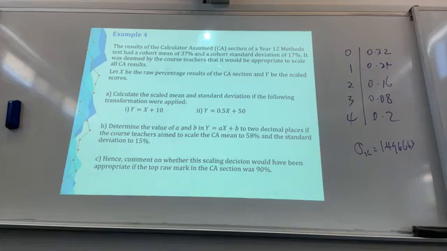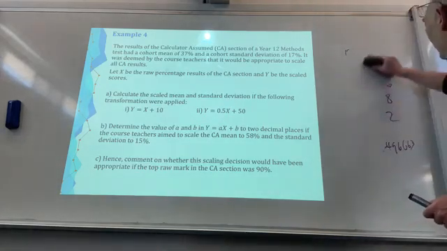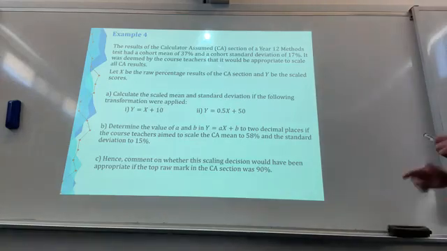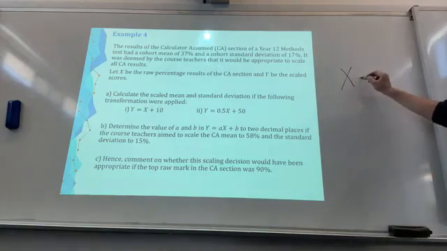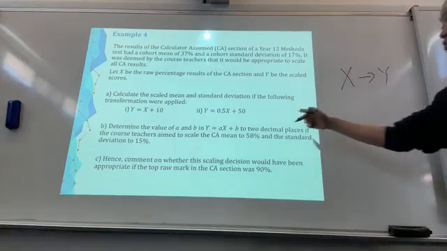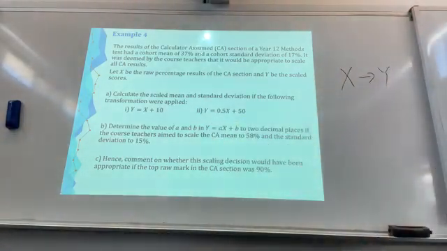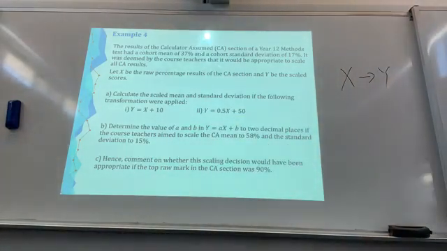So you are transforming the score from X to Y. Alright? Two situations. One is simply adding 10% to everyone. The other one is to divide the raw score by 0.5 and then add 50%.